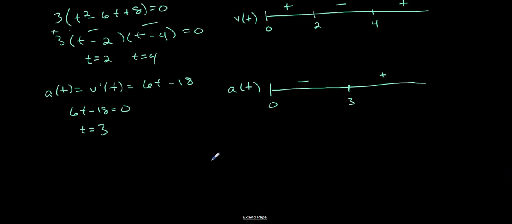All right. Make a third number line analyzing A of t and V of t. This is going to be like the motion one. Now, what we do is we drop all these critical numbers onto this graph. So we have 2, 3, and 4.